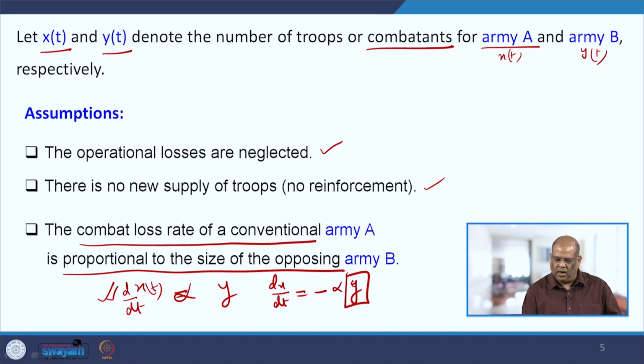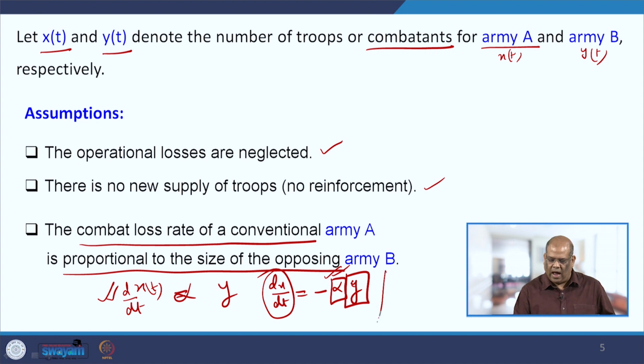Here y is the number of troops for army B, and alpha is their fighting technique: how many troops of army A they are able to kill, take down, or injure depends on alpha, their fighting skill. Since it is a loss, there is a negative sign.